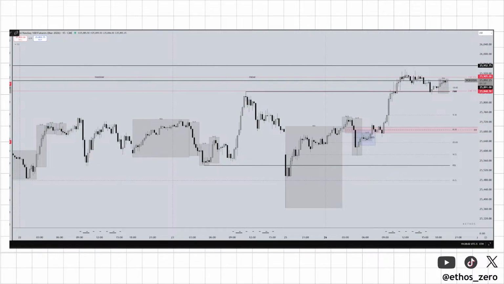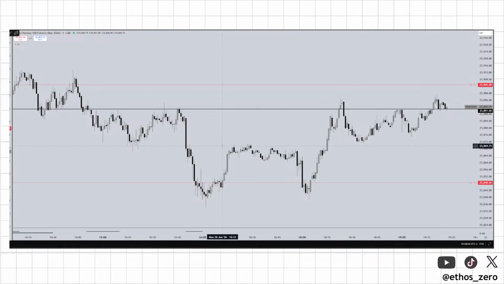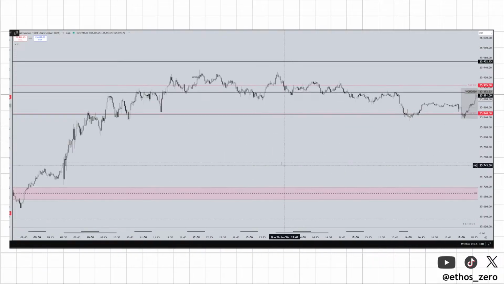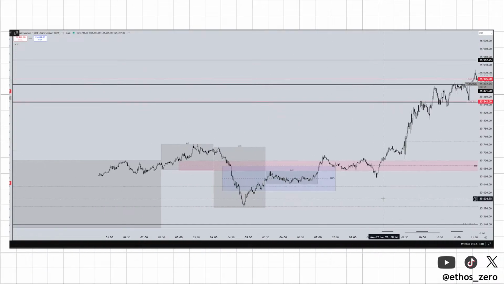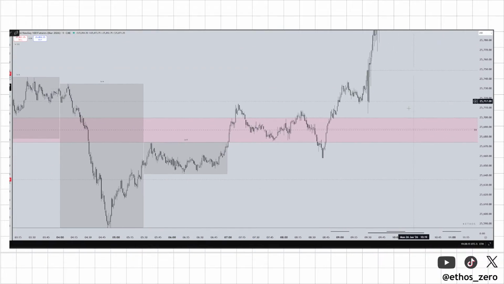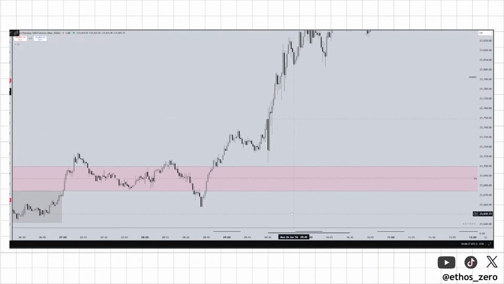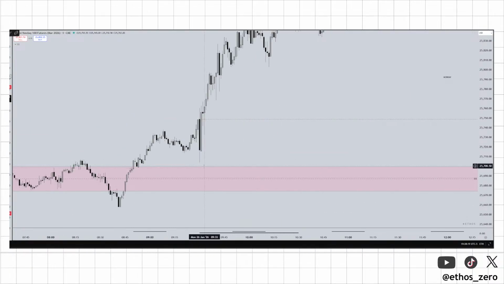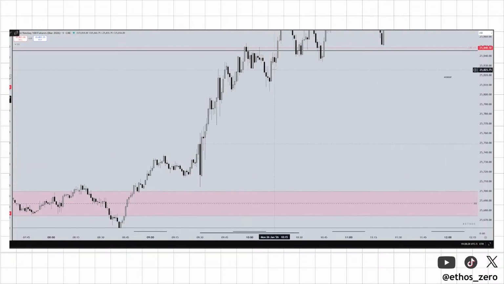Now let's go down to the 1 minute and look at our entries. I'm going to get rid of this 15-minute gap here, and we're going to look at our 930 equity open. 930 opens, and then we immediately start grinding higher.